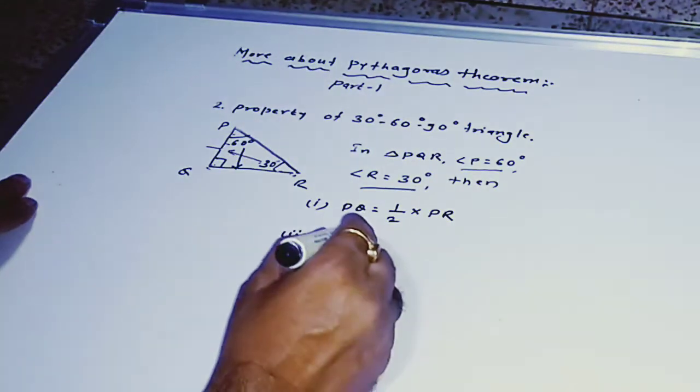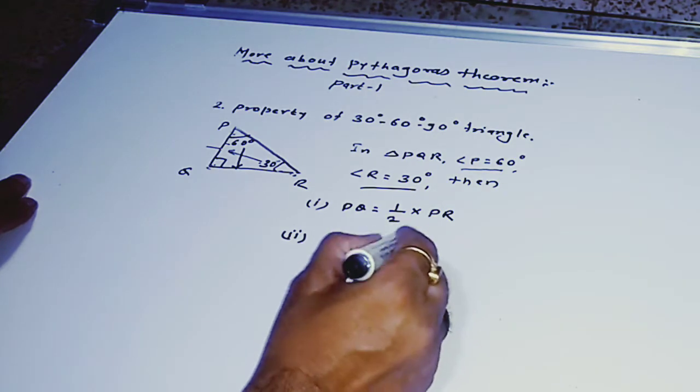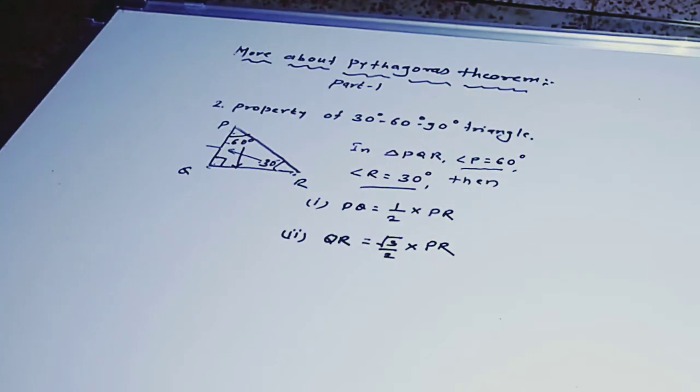Then the value of QR is root 3 by 2 into hypotenuse, which is PR. In a 30, 60, 90 degree triangle, the side opposite to 30 degree is half of the hypotenuse, and the side opposite to 60 degree is root 3 by 2 into the hypotenuse.